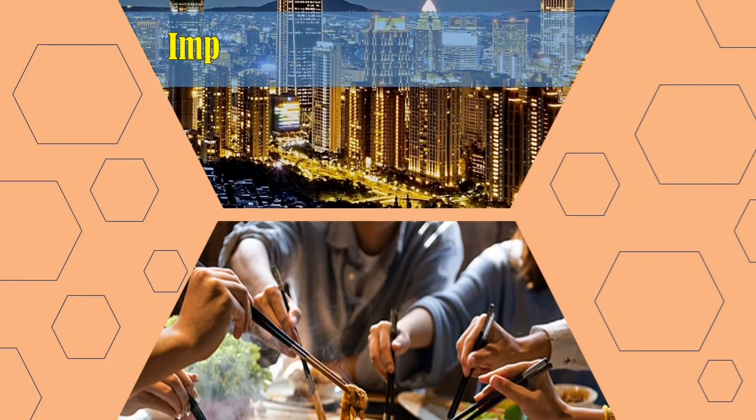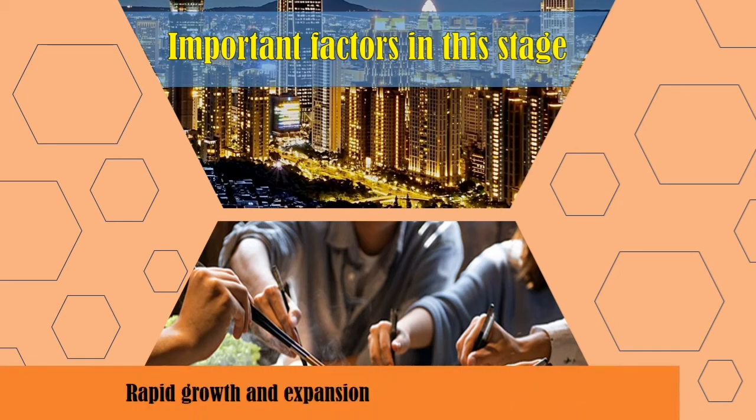So we have now some important factors in this stage of Rostow. We have the rapid growth and expansion of the service sector, and this calls for an increase in workers and employees.